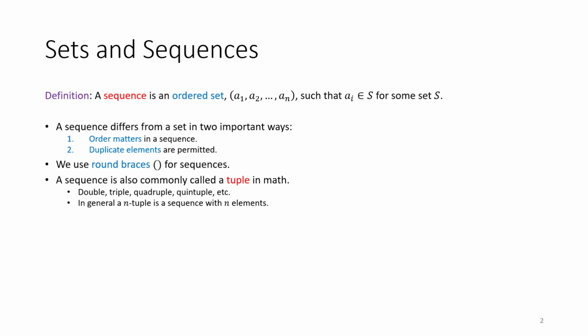Another additional property that's true of sequences but not of sets is that we can allow duplicate elements, meaning, for instance, the number 2 could show up more than once in the sequence, and where it shows up, its position in the sequence, is important. We can't just reorder them without changing the sequence, but we now allow duplicate elements.